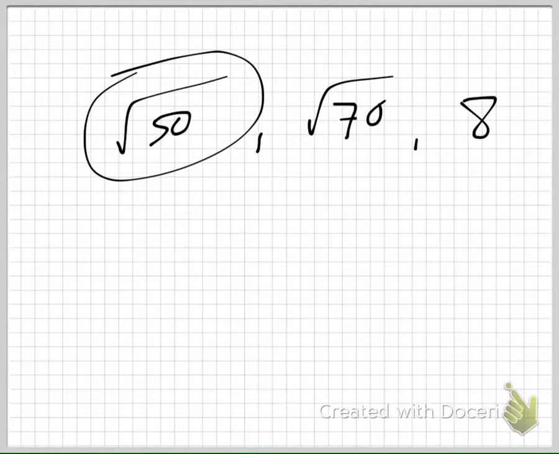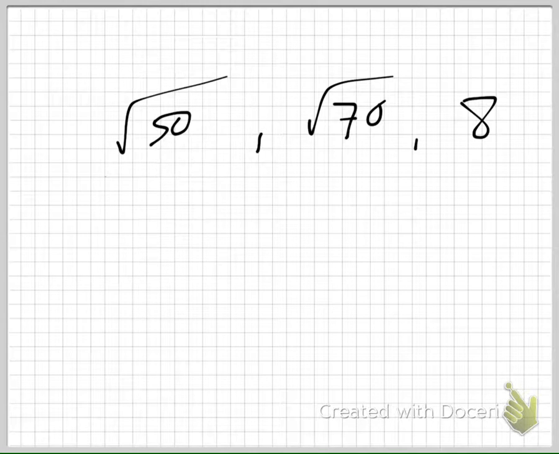It's irrational, right? But what do we know it's a little bit bigger than? What's the square root of 49? 7. So the square root of 50 is slightly bigger than 7, like 7.1 or 7.05 or something. Does that make sense?